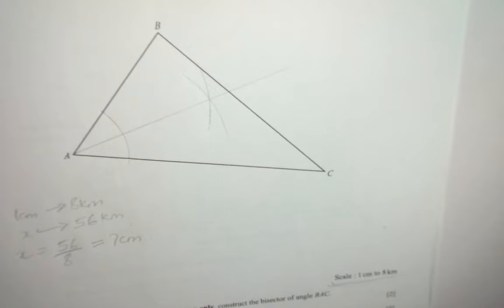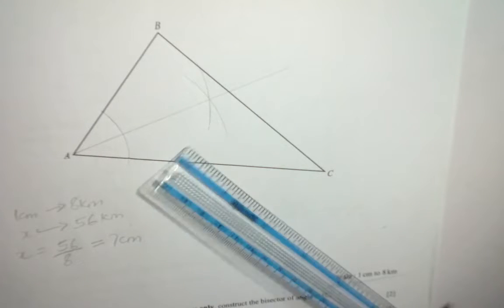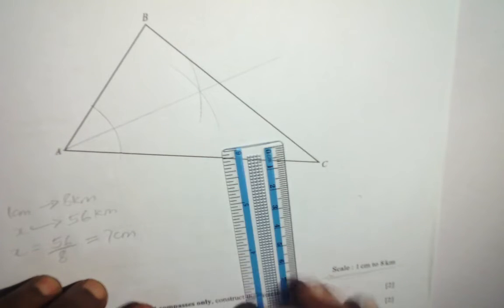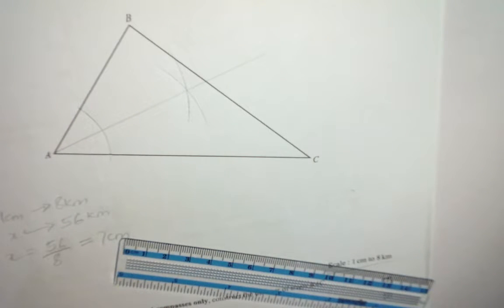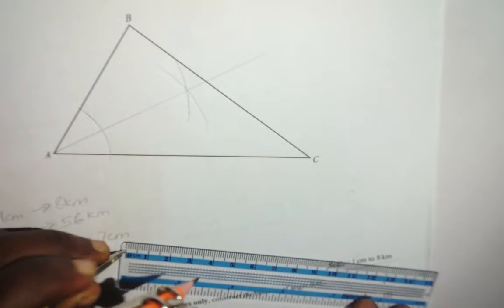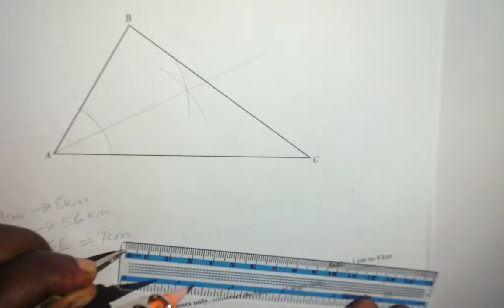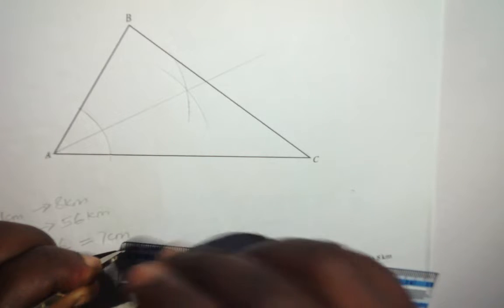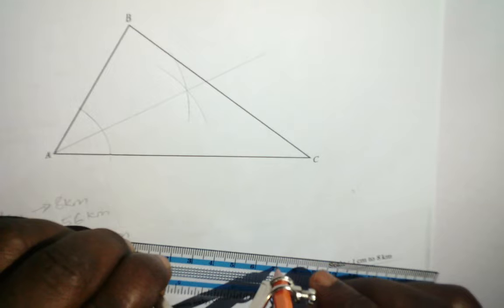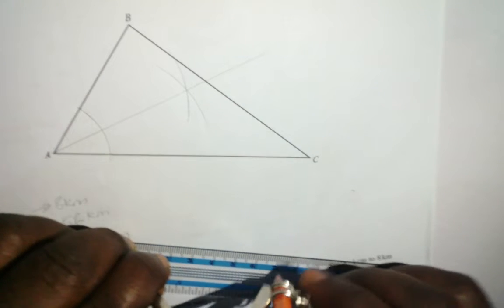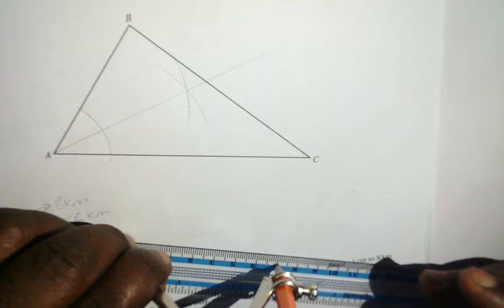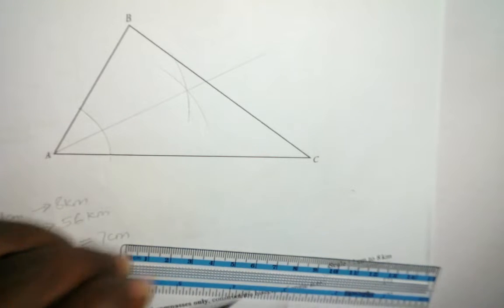How can we do that? Take our compasses, measure 7 centimeters with the aid of a ruler. Place the steep point on the beginning of the ruler and then stretch the pencil point to 7 centimeters. Okay, that is my 7 centimeters there.